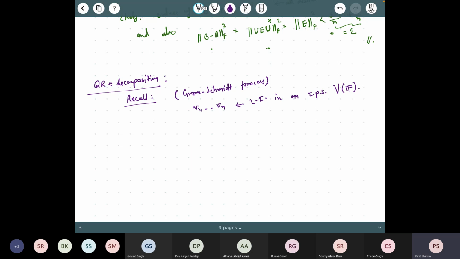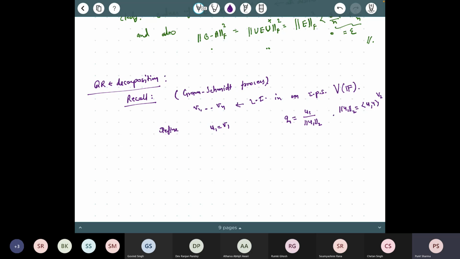We can do that in a step-by-step way. I will define u1 as v1, and then I will define q1 as u1 divided by the 2-norm of u1. The norm here is the norm induced by the inner product.